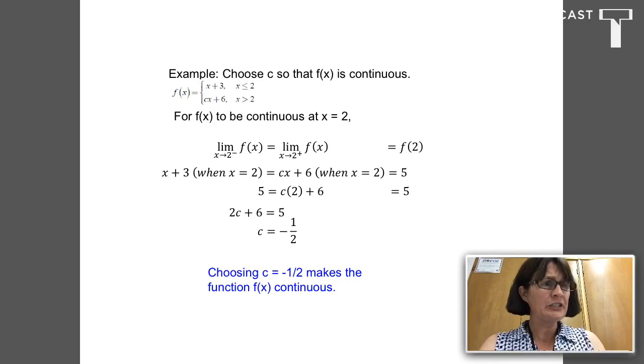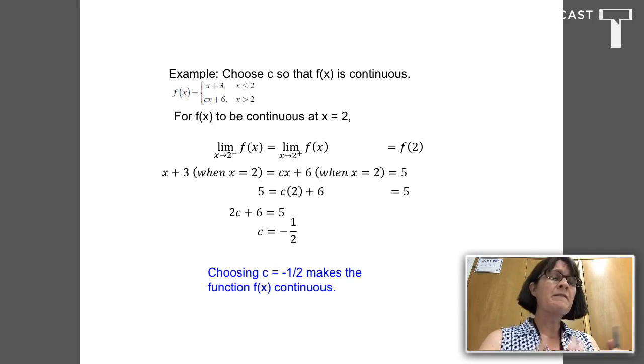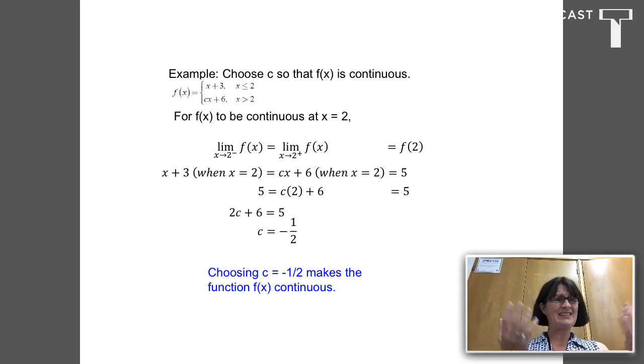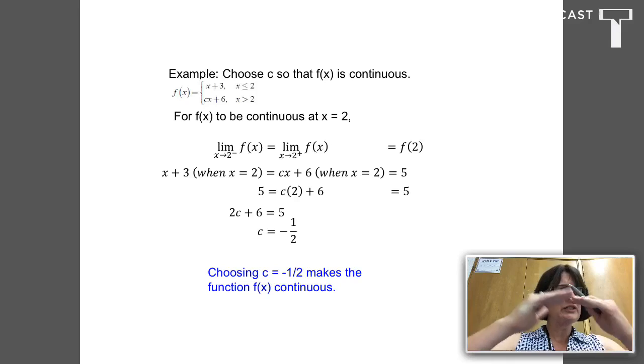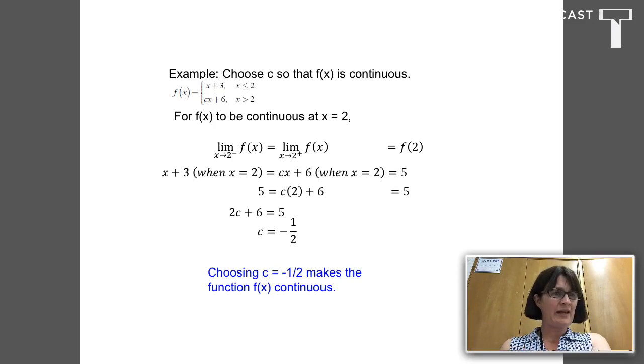I'm going to use the definition of continuity at a point. For a function to be continuous at a point x equals c, in this case the c is the point where the two functions change over, where they change who's in charge. So in this case it's x equals 2. If the limit from the left of f of x equals the limit from the right of f of x, which is equal to the actual function value. In this case, we would call that f of 2. So the top piece, x plus 3, that's going to be the limit from the left.